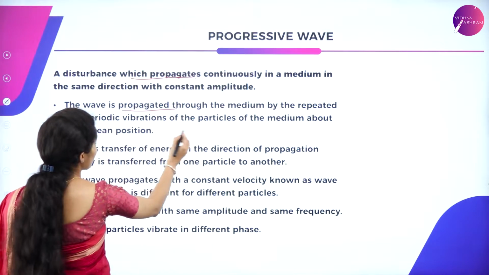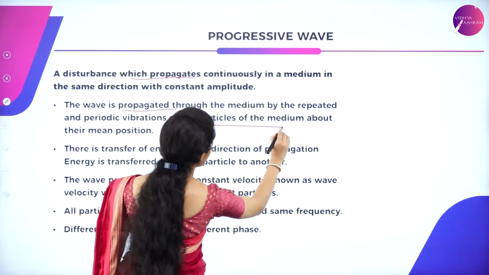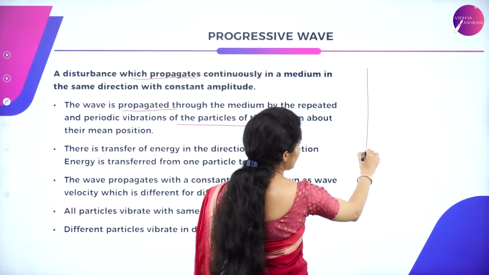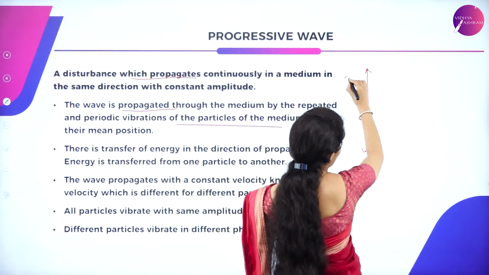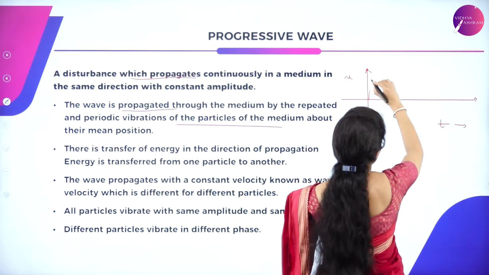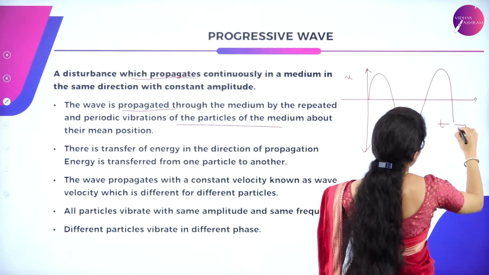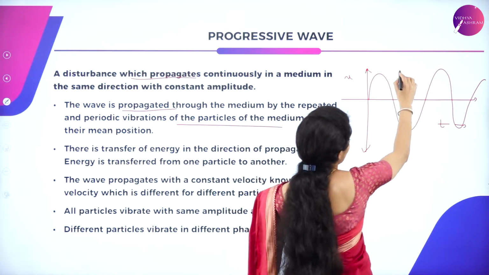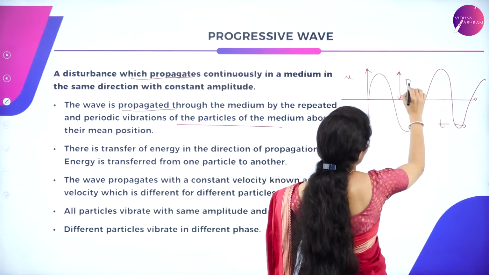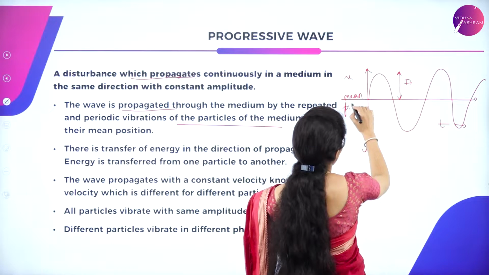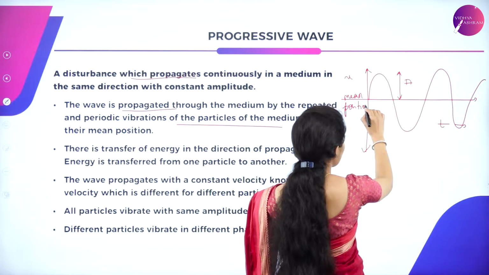So the periodic vibration of the particles in a medium is about their mean position. So what is the mean position? If this is your position axis and this is your time axis, the wave which is progressive continues further with the constant amplitude always, and this is said to be the mean position or equilibrium position.